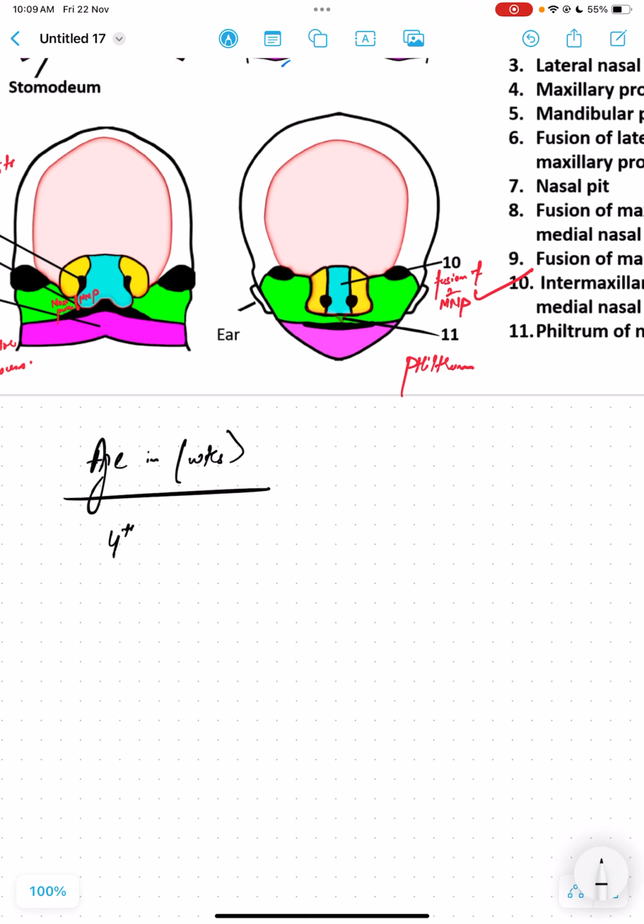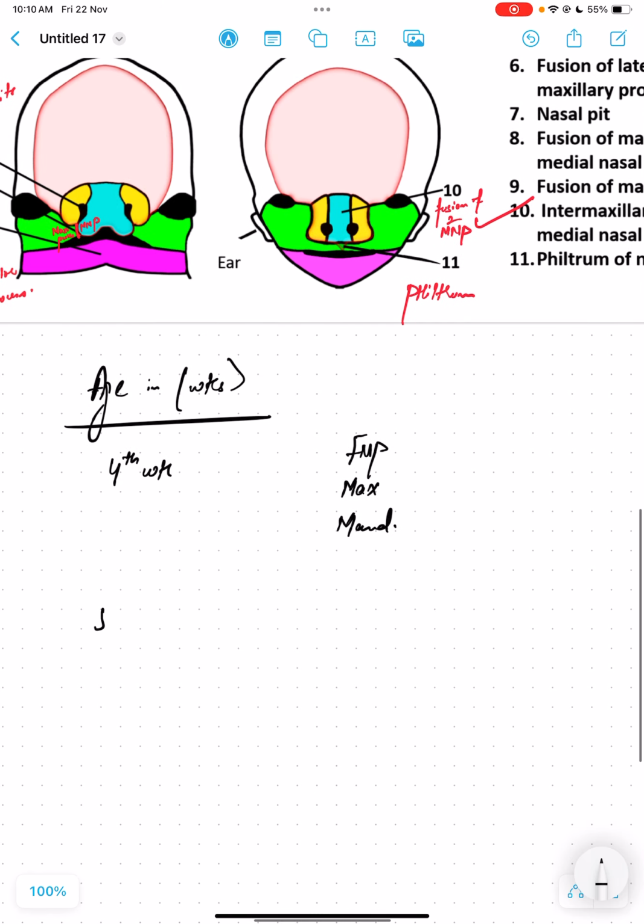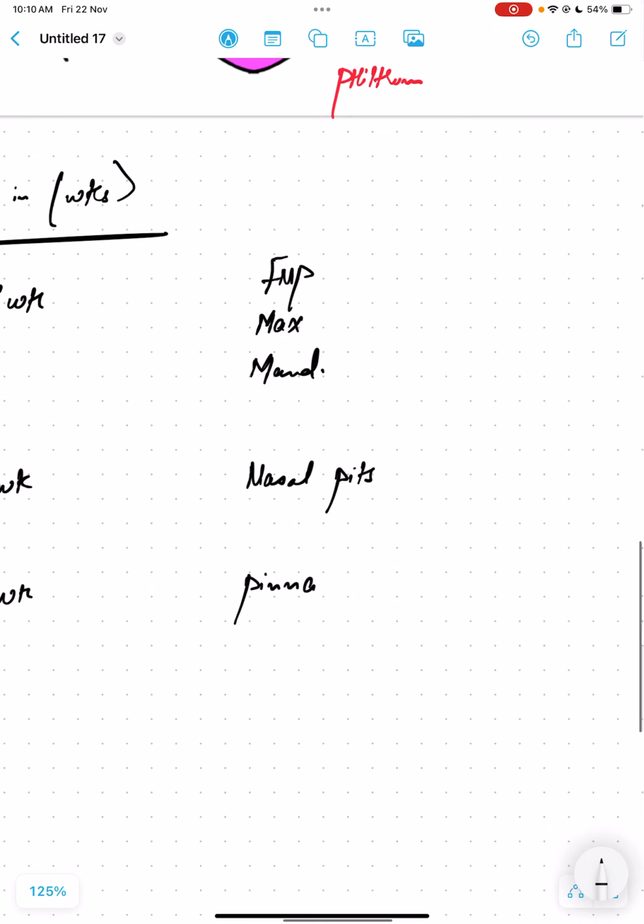At the 4th week we will have our frontonasal process, our maxillary process, and our mandibular process. At the 5th week we have our nasal pits. Okay, at our 6th week we have our pinna, that is the ear opening. The small lobule that you can feel downward at the ear is called the pinna.